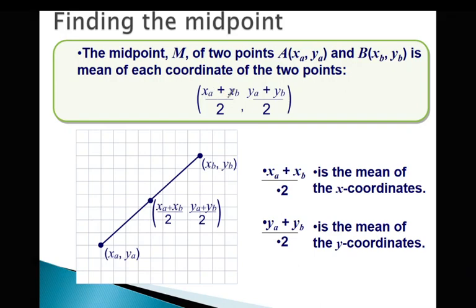You add up the numbers, divide by the number of numbers there are. Well, you get 2 here divided by 2. So this is the average between my x values, and this is the average between my y values, or what we call the mean, which also means average. Okay? So the midpoint formula is nothing more than just averaging your x's or averaging your y's to find the point in the middle. Okay?